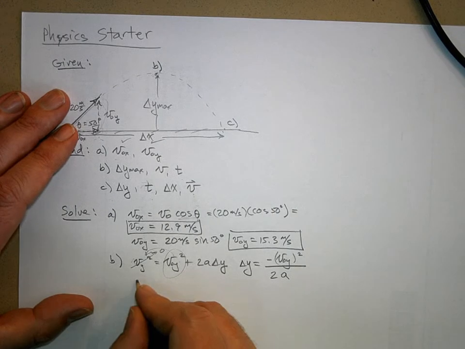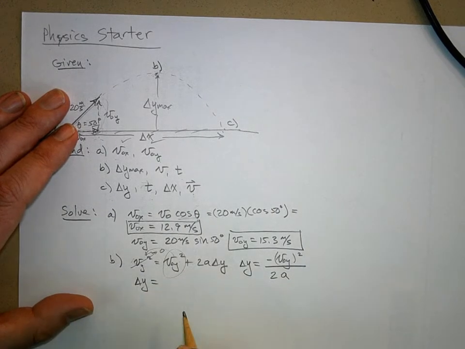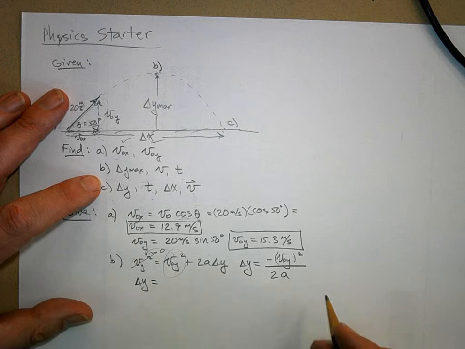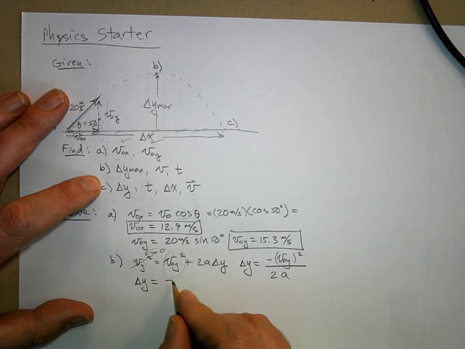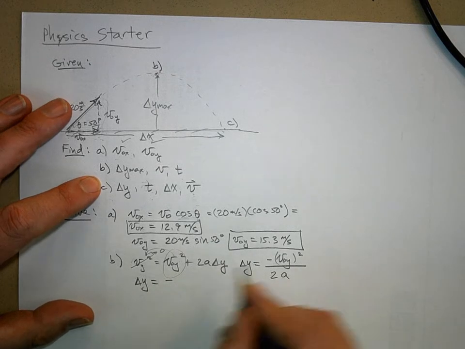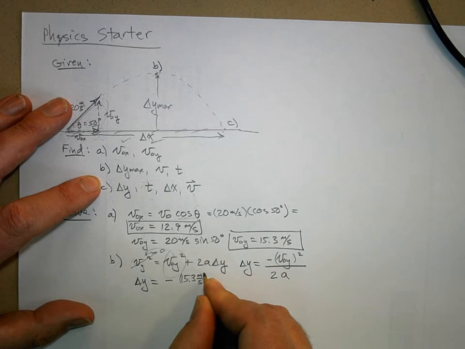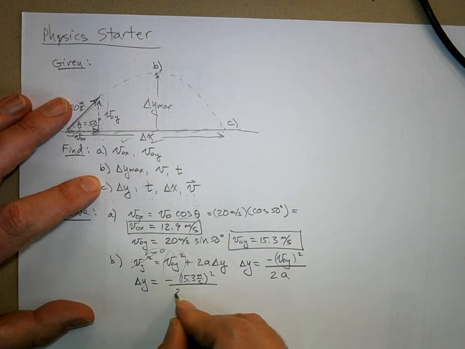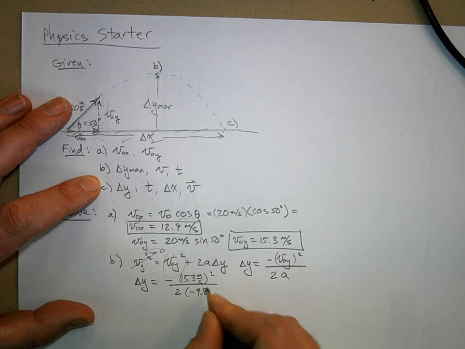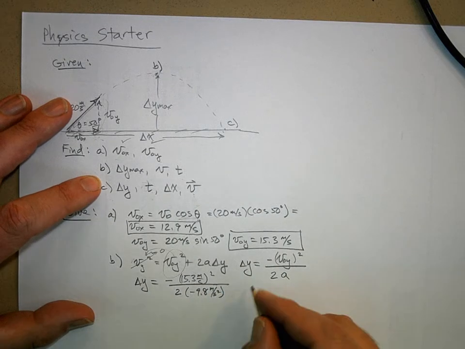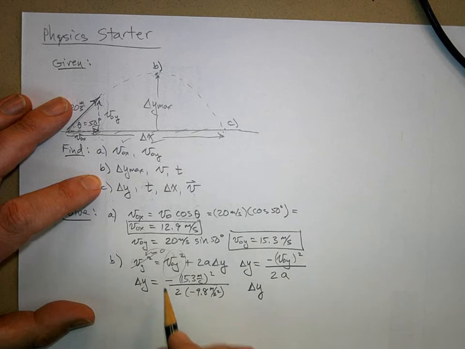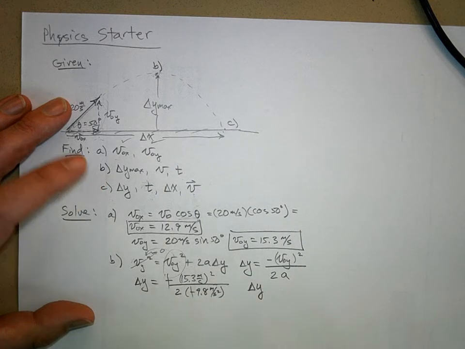Now I'm going to plug in my values. So delta y is equal to negative 15.3 meters per second squared divided by 2 divided by negative 9.8 meters per second squared. Now notice that this negative cancels this. That makes sense, right?